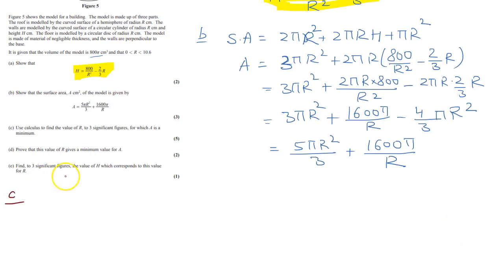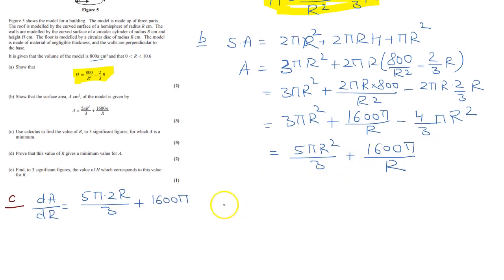Now part C. Use calculus to find r to 3 significant figures for which A is a minimum. So what we have to find is dA over dr. So that is 5 pi times 2r over 3 plus 1600 pi times r to the power minus 1, so minus 1 over r square. And for the minimum value, this is 0.